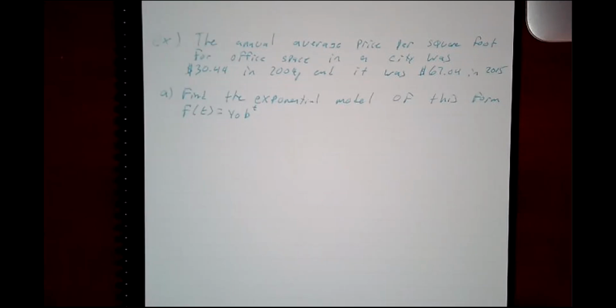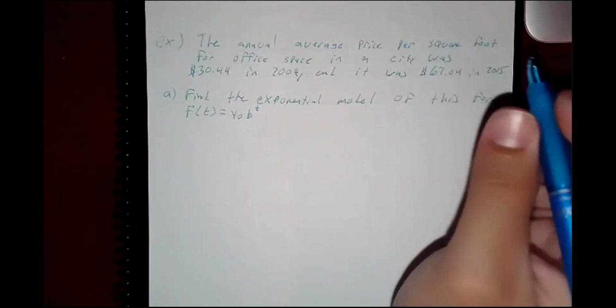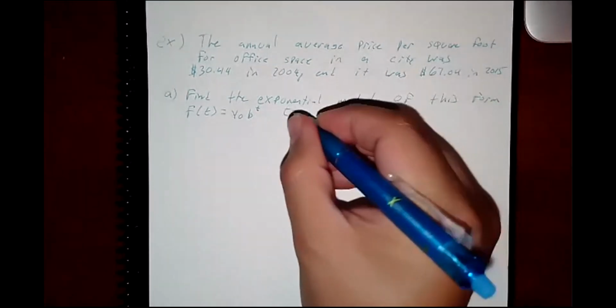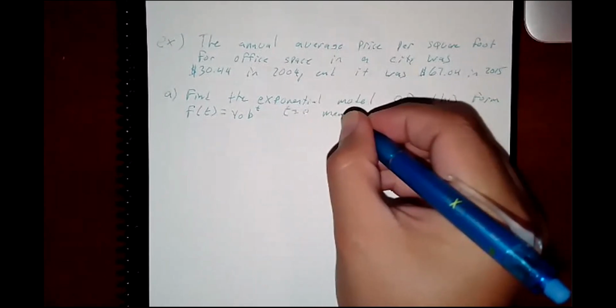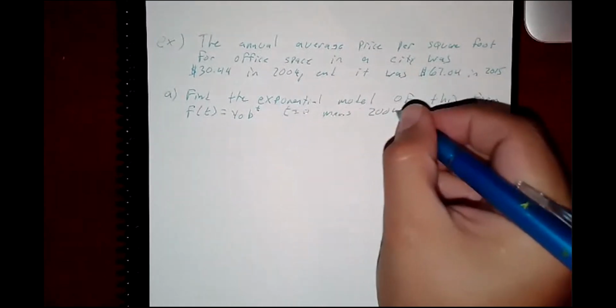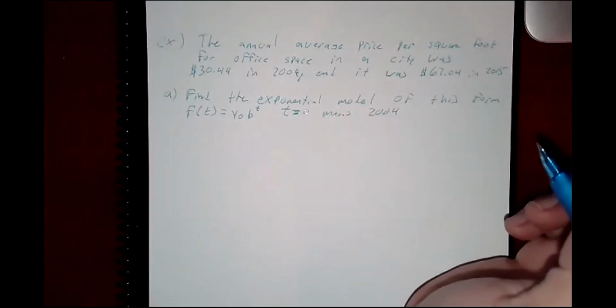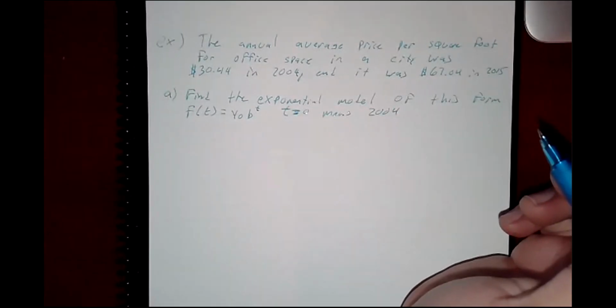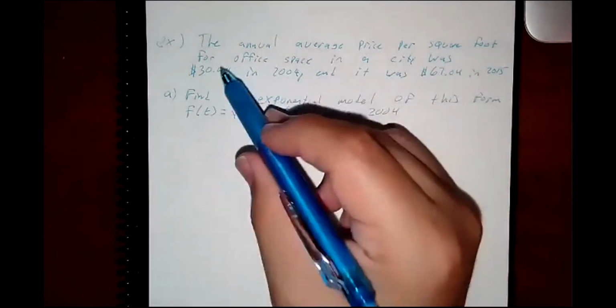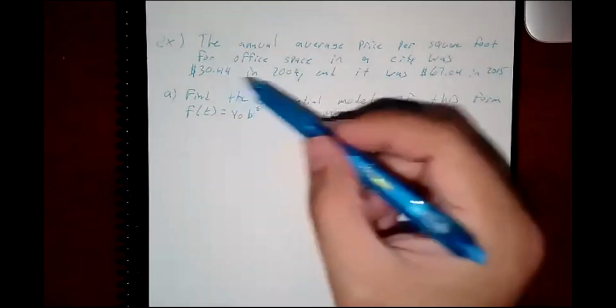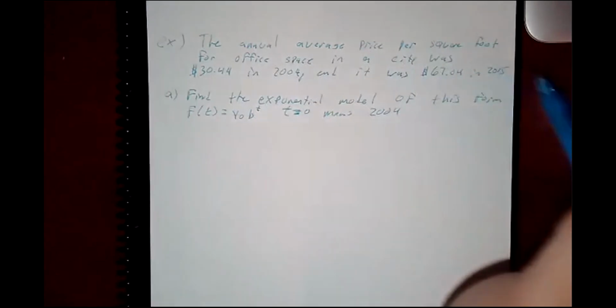Okay. So they do have to tell you that t equals 0 means 2004. So that has to be given. Okay. So these are actually points, an x and a y, or a t and an f of t.